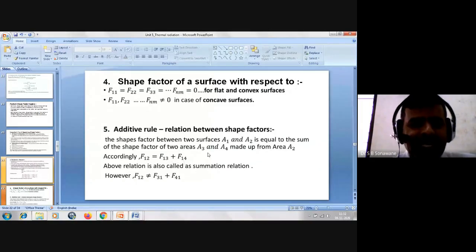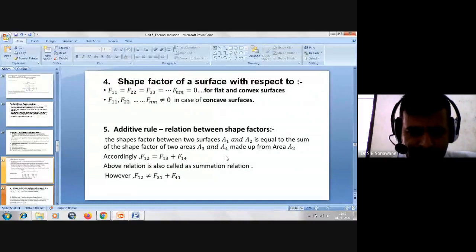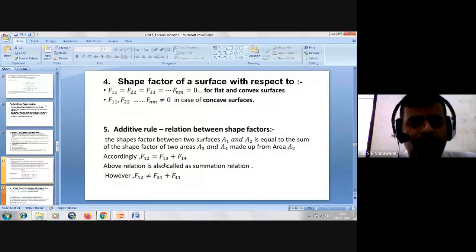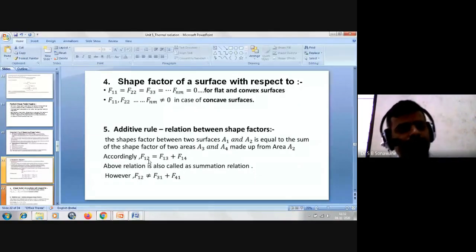The reason is that A2 is equal to A3 plus A4. So surface 3 and surface 4 we got from surface 2. Understood? But the reverse is not possible.